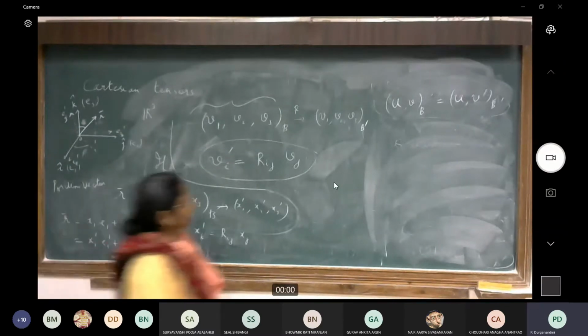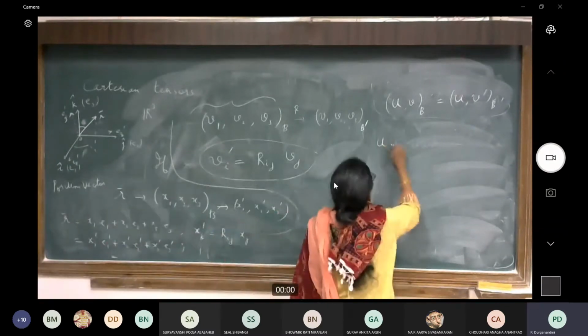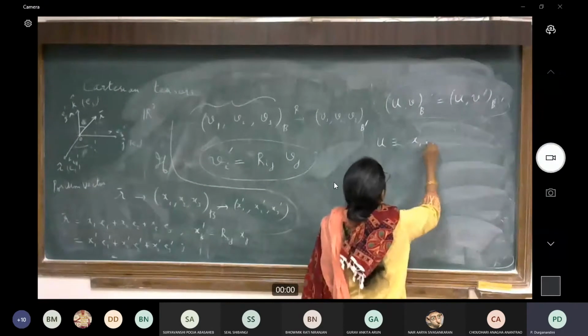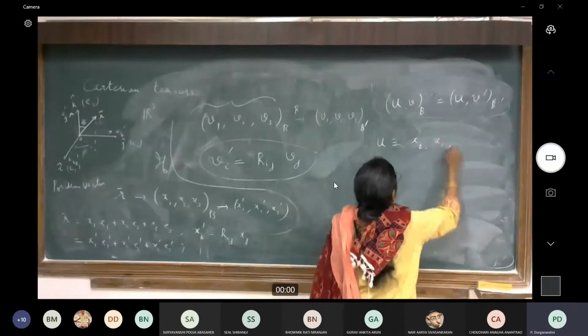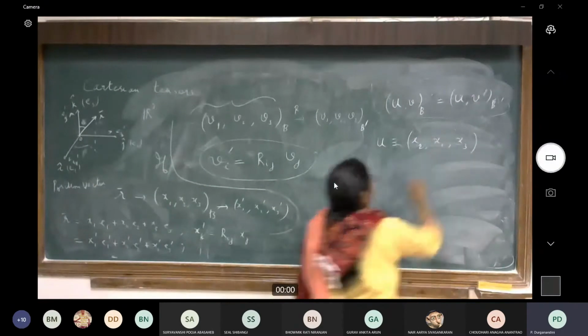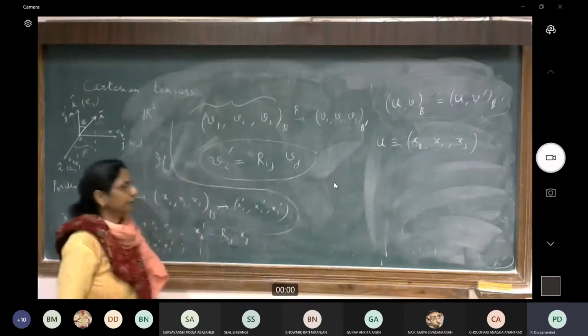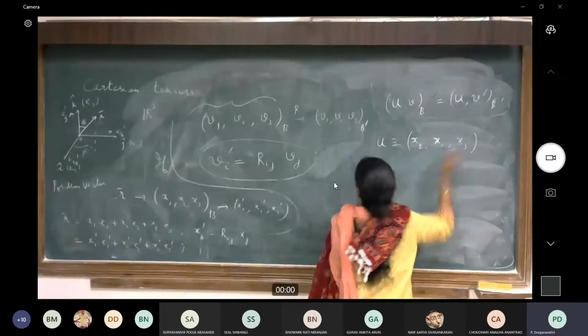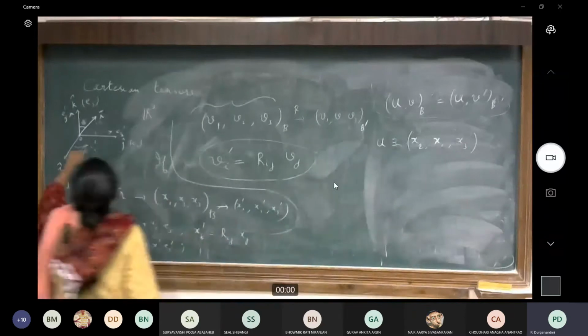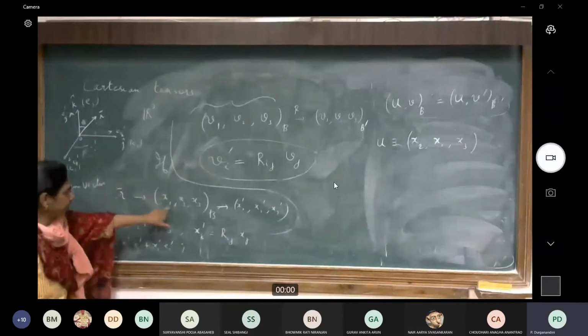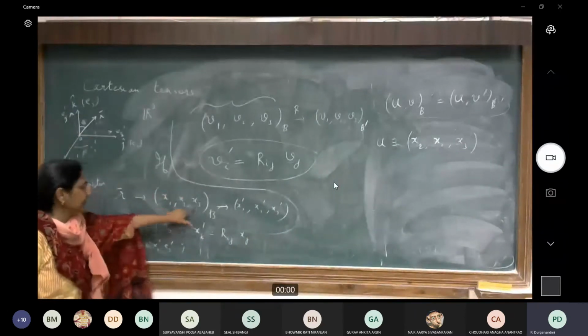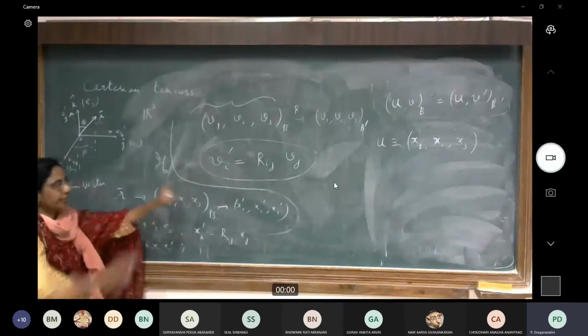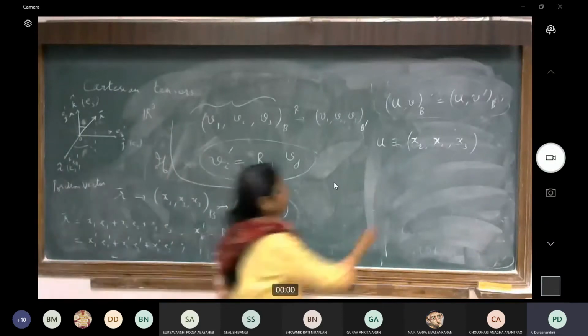But instead, if I take this combination, let's consider x2, x1, x3. Basically I've taken the components of this position vector and put them in this order.